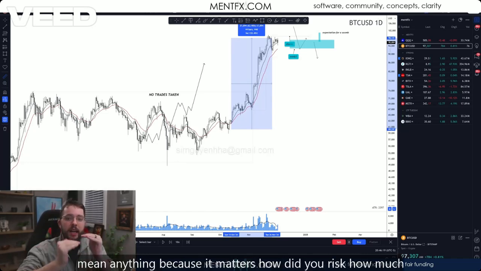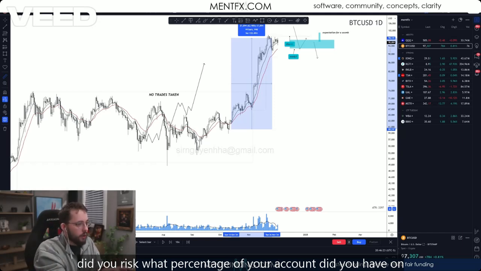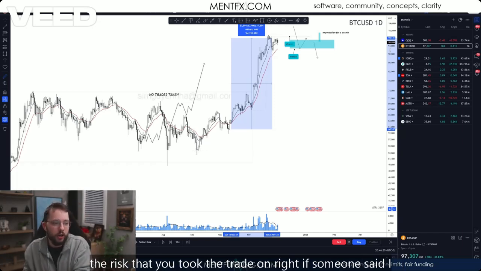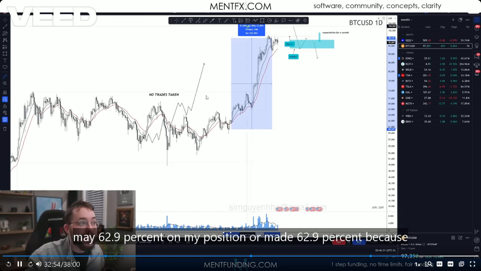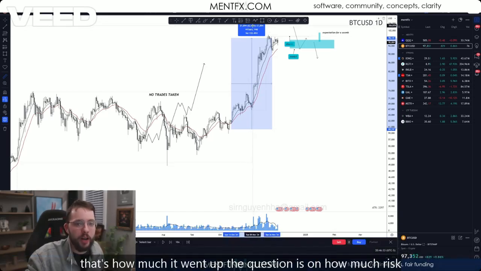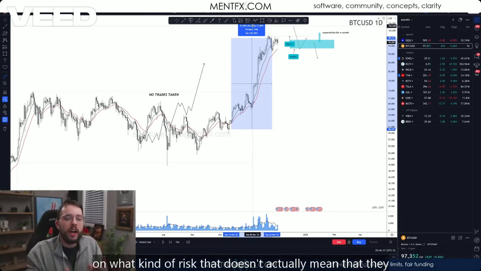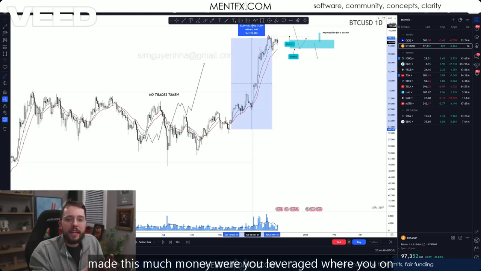That size doesn't mean anything, because it matters how much did you risk? What percentage of your account did you have at risk on the trade? If someone said, I made 62.9% on my position, because that's how much it went up, the question is on how much risk, on what kind of risk. It doesn't actually mean that they made this much money.